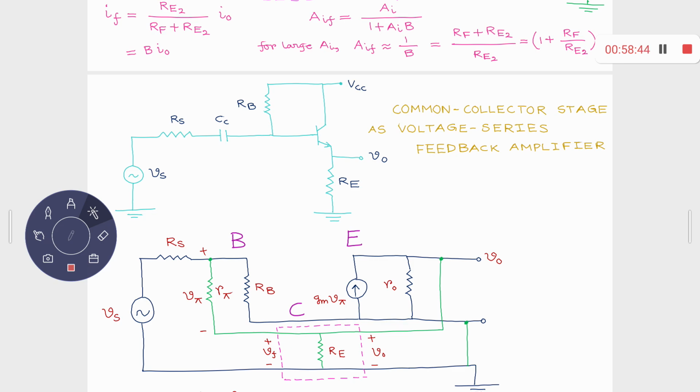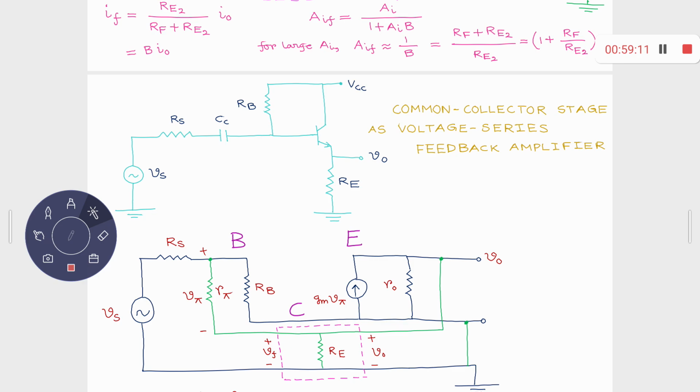Now since this is your ground terminal and this is your collector terminal, and the collector is at AC ground, this should be shorted. And obviously VS is connected between base and ground. That's quite obvious.